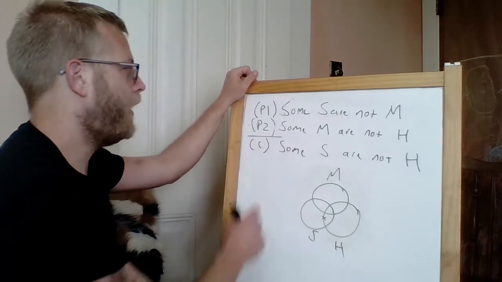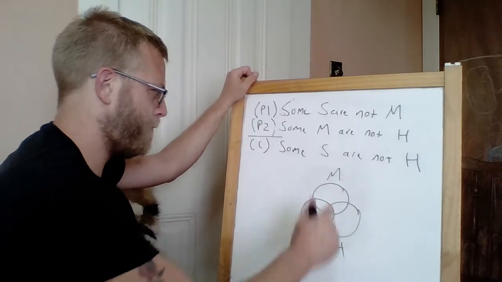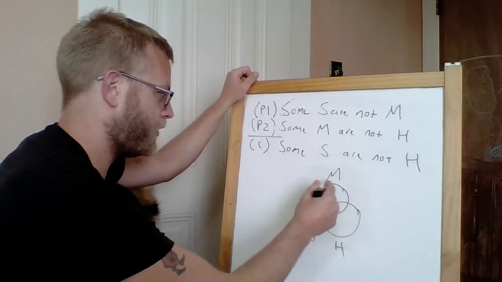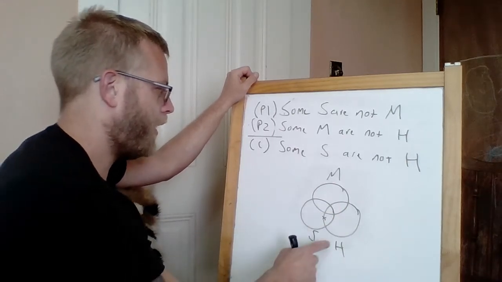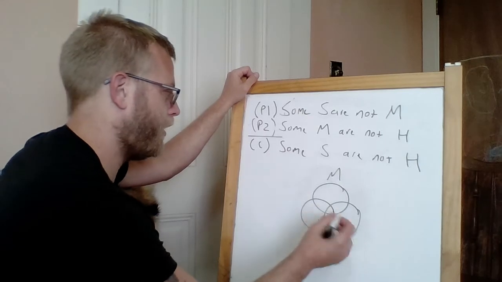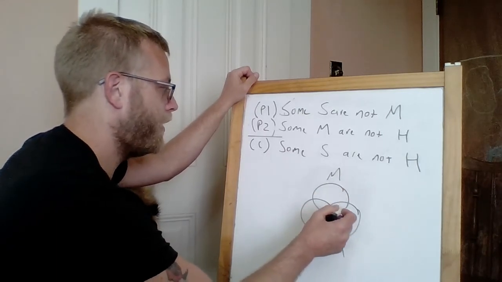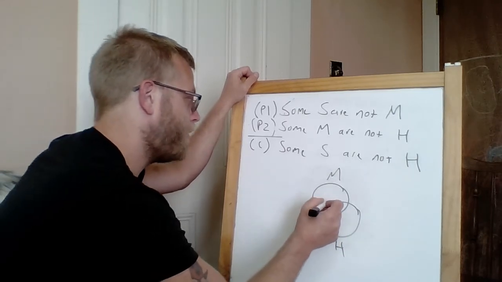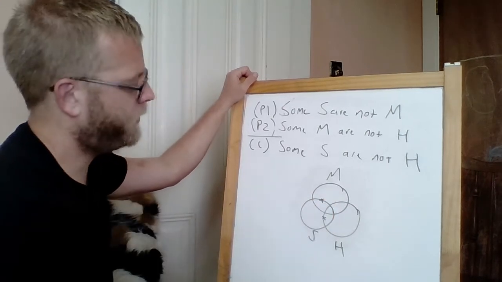And then you can say some M are not H. There are some members of the M circle that are not in the H circle. You don't know where to put it, right? There's some here that are outside of this circle, so that means either here or here. We don't know where. So this is what we end up with.